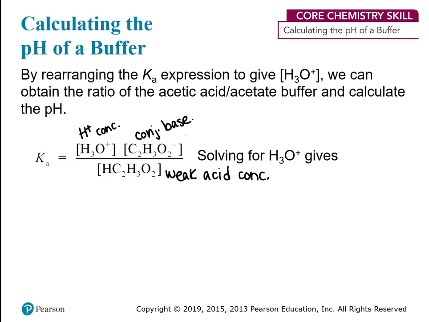If we solve the expression for the hydronium concentration, we're one step closer to calculating the pH. To do that, you're first going to multiply both sides by your weak acid concentration.